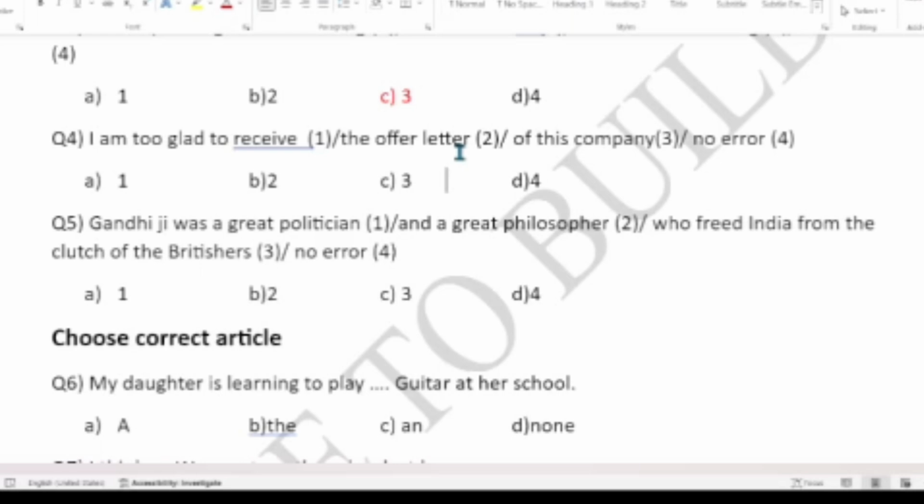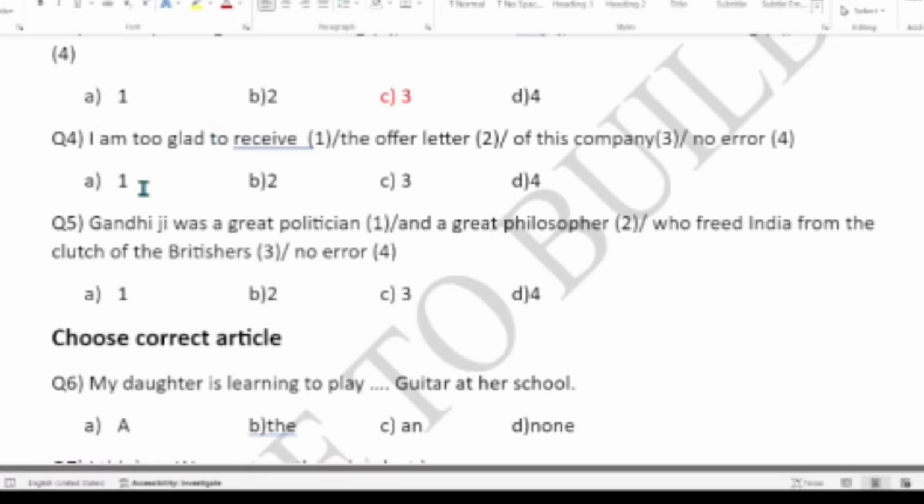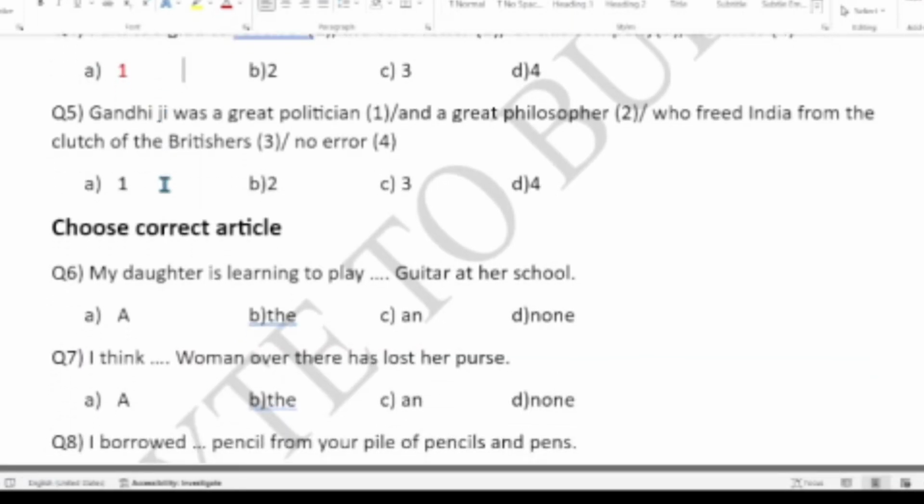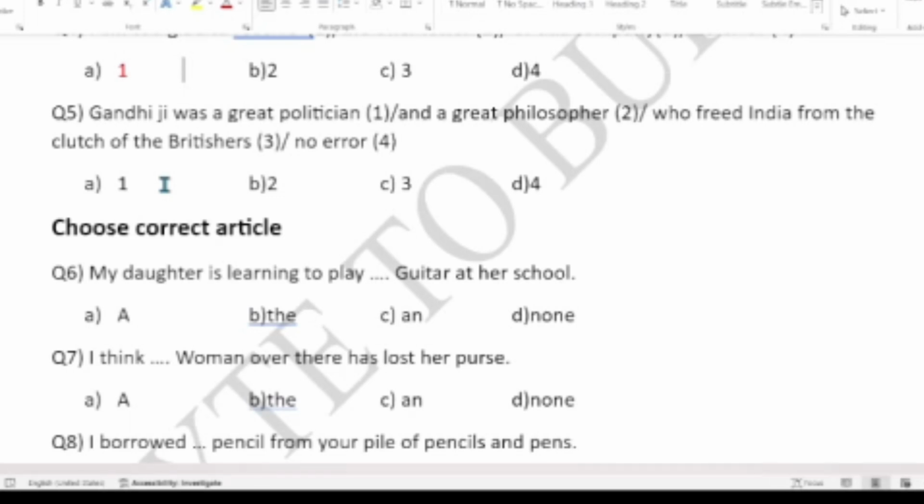So the proper sentence should be: I am very glad to receive the offer letter of this company. So basically the error lies in part A. Here I give 5 questions from every topic, which are very valuable for your Accenture verbal test. Okay, now we discuss the fifth sentence.